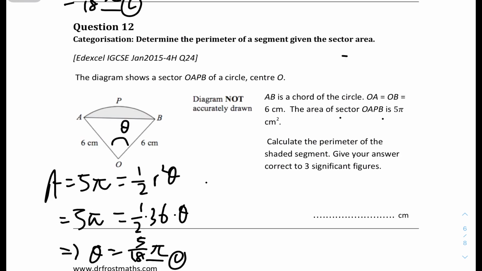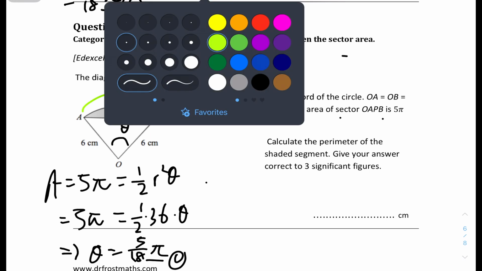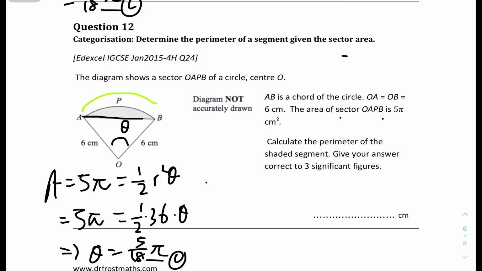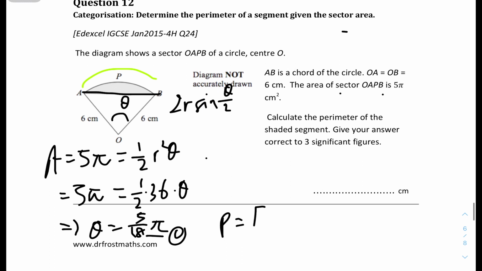So once we have theta, the angle, we can find the arc length and the chord right here. The chord formula is 2r sine theta over 2. So the perimeter will be 2 times 6 times sine of theta over 2, plus the arc length, which is s equals r times theta.